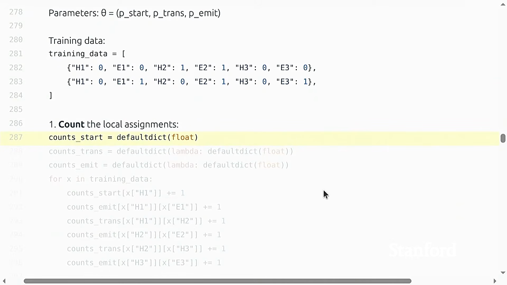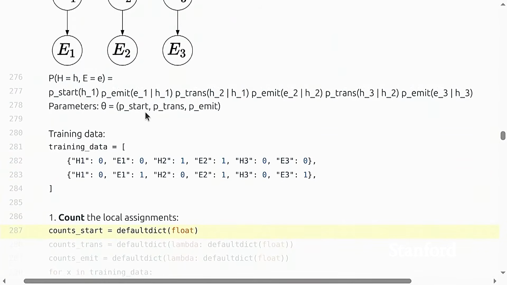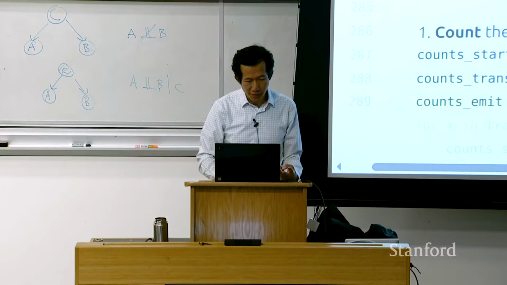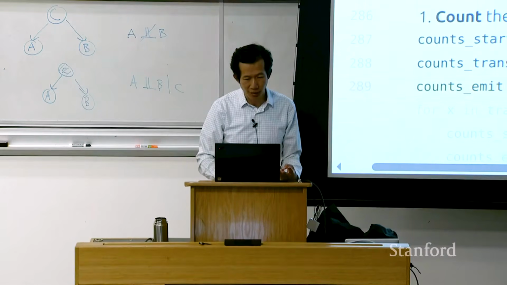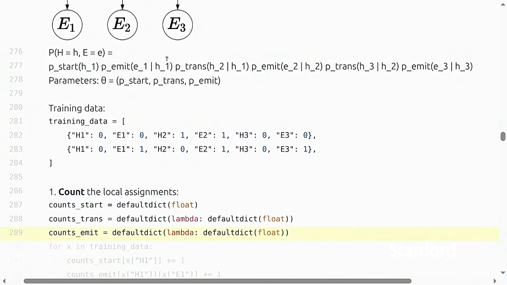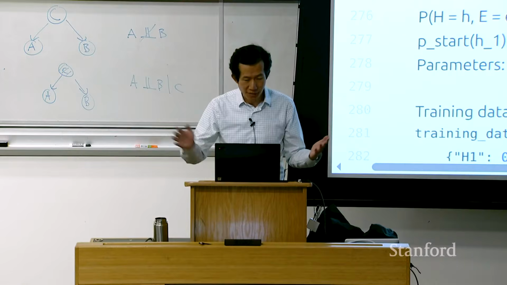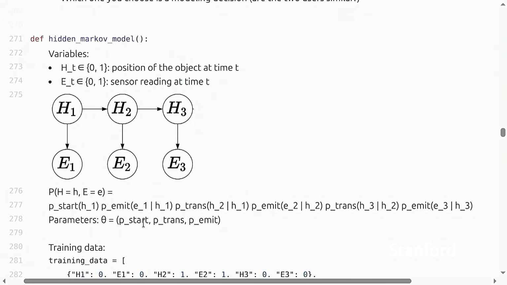To count, I keep track of counts for every local conditional distribution. So here there are 3 of them, so I have 3 counts. And notice here that you start to see quite a big difference between these parameters and the variables, because this is only 3 steps, but this could be 100 steps. It doesn't matter how many steps there are, but I still only have these 3 local conditional distributions.